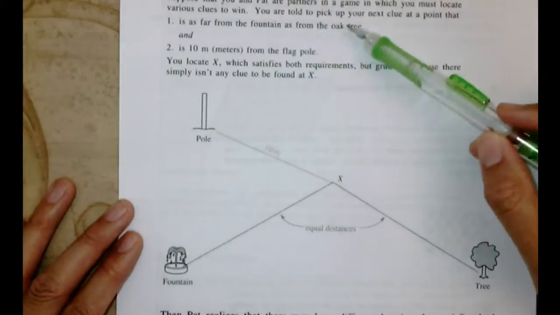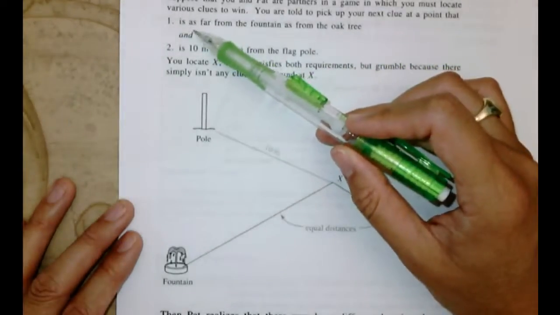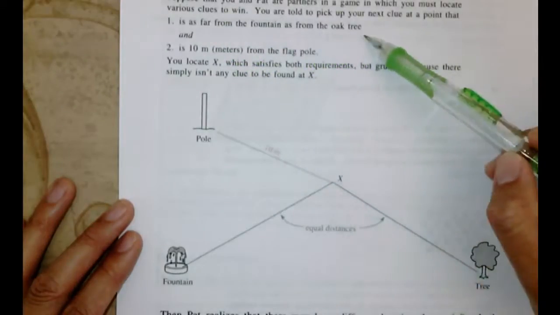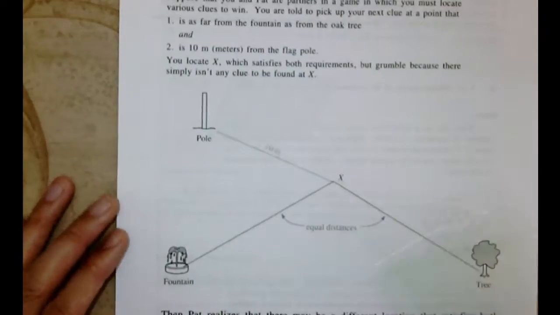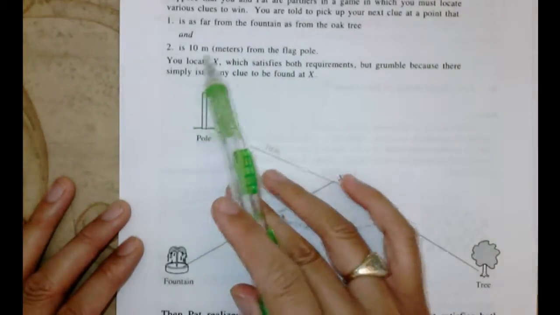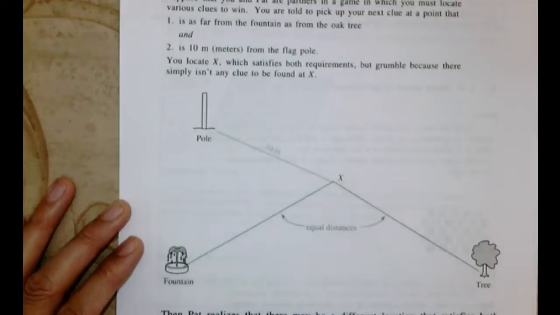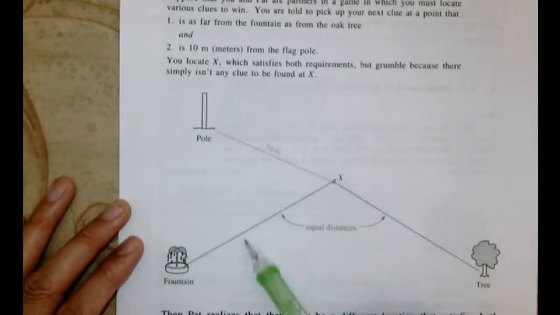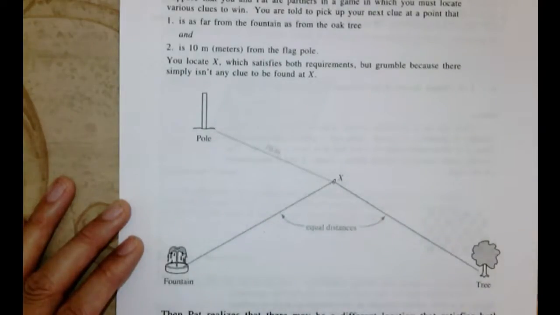You are told to pick up your next clue at the point that is as far from the fountain as from the oak tree. So the point has to be the same distance, or equidistant, from the fountain and tree. And it is 10 meters from the flagpole. So you located the point X right here, which is equidistant and 10 meters from the flagpole.